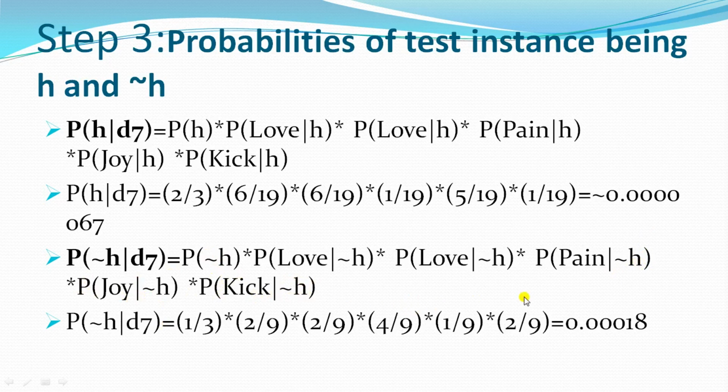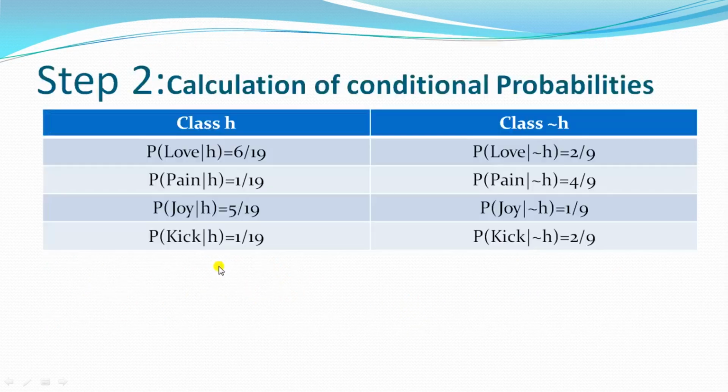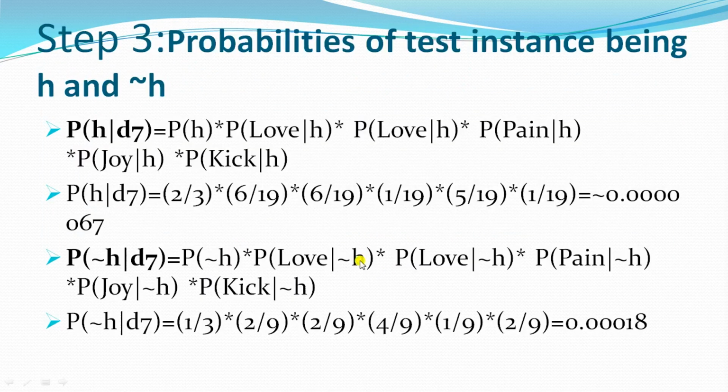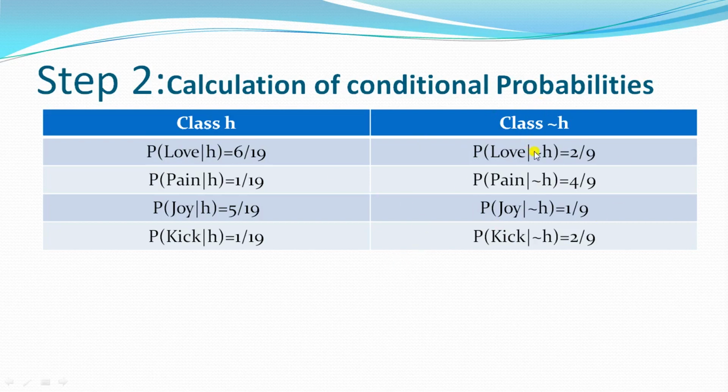Now already we have calculated these particular values. You can go there. That is P of negation of H. Here it is, P of negation of H. Just go on substituting that one. After substitution, it will be 1 by 3 into P of love. Here you can see this class, P of love with respect to negation of H, that is no class, this one is yes class, this one is no class.